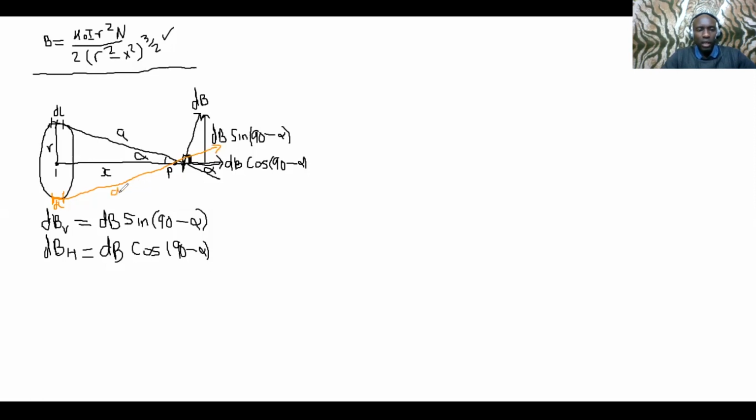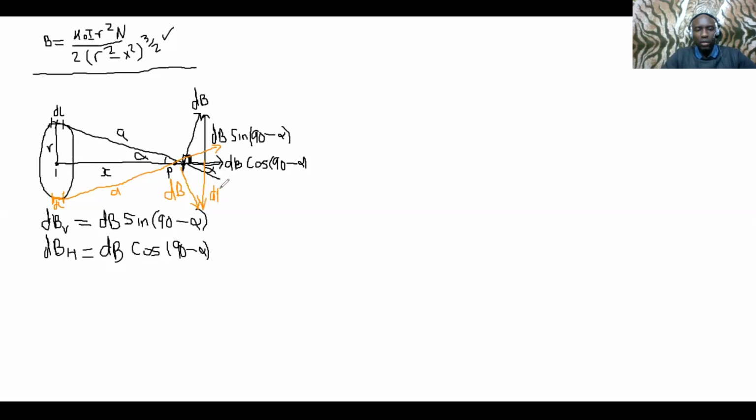We may call this A, and the dB will be here. dB will be resolved into two components. There is a vertical component acting downward here.